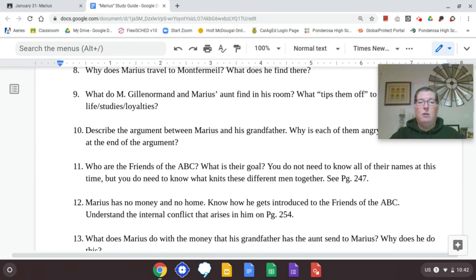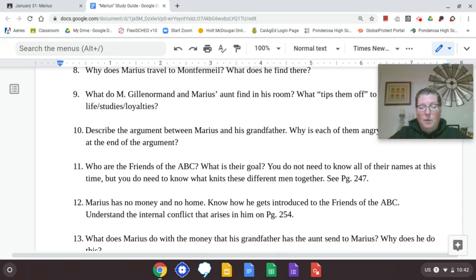They're thinking about a revolution, a second revolution, right? And how can they make a difference? How can they change what's happening in France? Don't worry too much about all of the politics of this part. I'm not expecting you to understand all of the politics that are happening in the book.